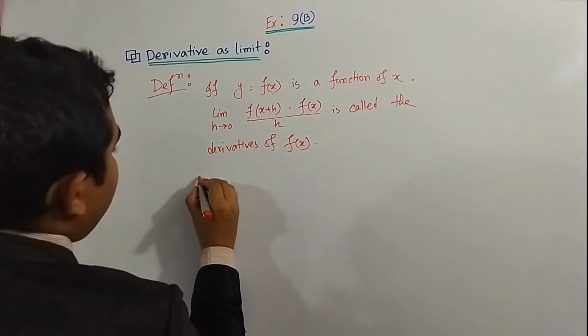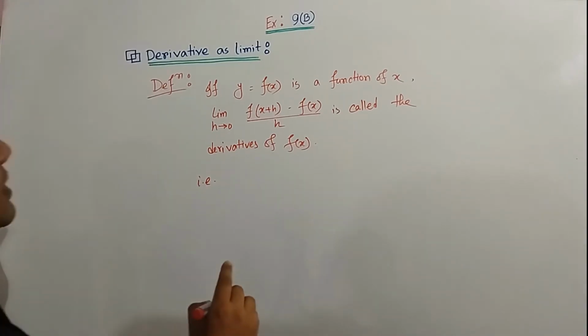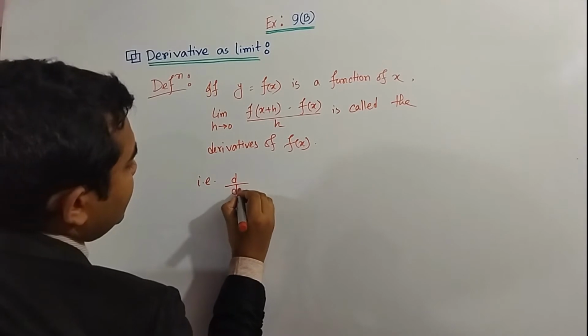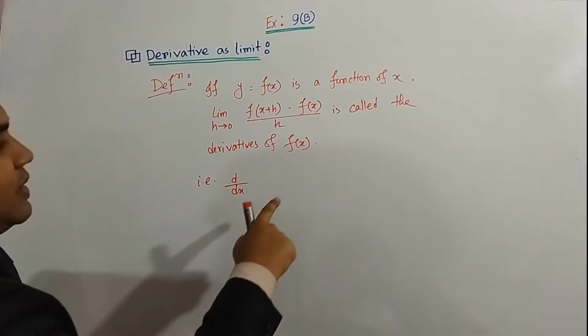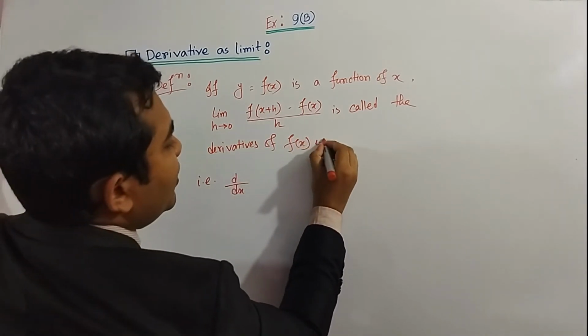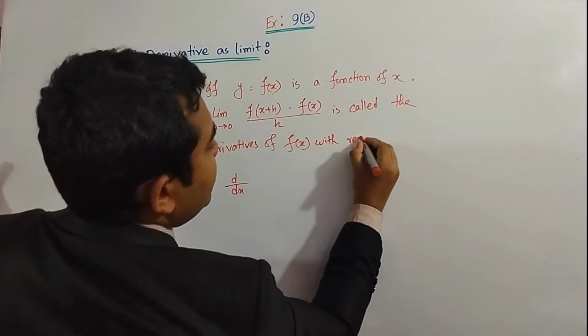That is what we can write actually. If we differentiate f of x with respect to x, you can also say it is called the derivative of f of x with respect to x.